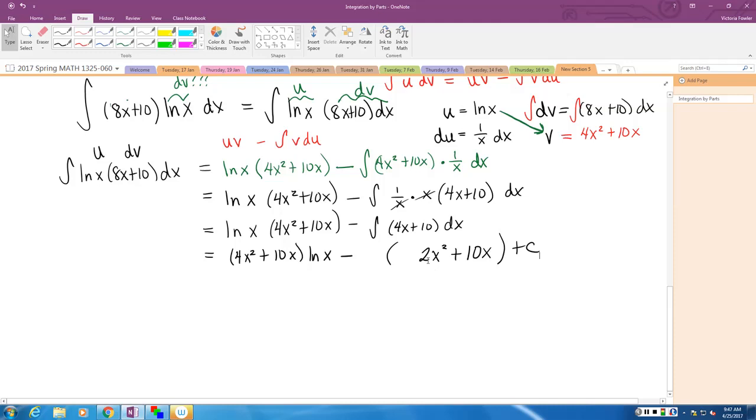So I need to watch. My signs will actually need to change, but not for the c, because plus or minus the constant, we don't know what the constant is. So I'm going to have a minus 2x squared, a minus 10x, and then we don't know what the constant is, so it doesn't matter about the sign.